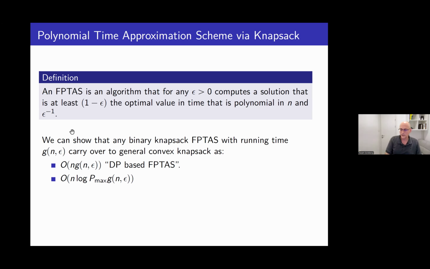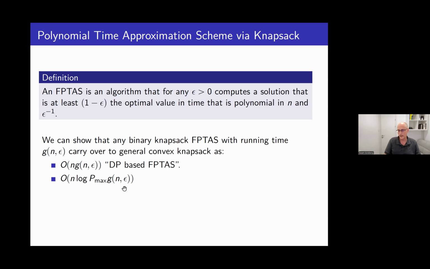If we did not have such a DP-based FPTAS, then all is not lost. We can still use it, but we may need some more invocations of the knapsack algorithm. We can basically do these steps to approximate the profit values by taking some log Pmax invocations.